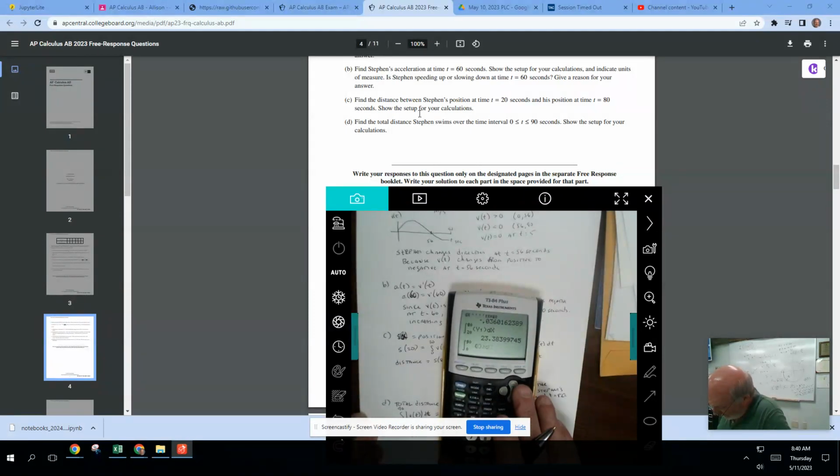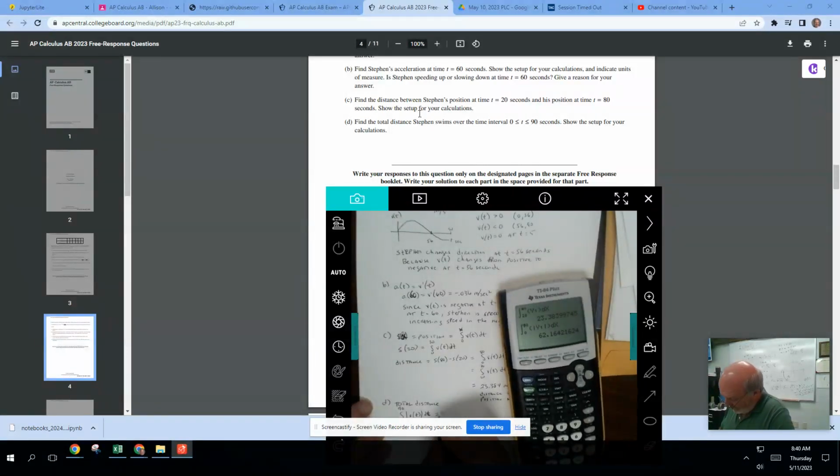This time we'll do absolute value, and we're going to put in y1 again with respect to x again. We'll wait on the calculator to finish its calculations. So he swims 62.164 meters from t equals 0 to t equals 90.